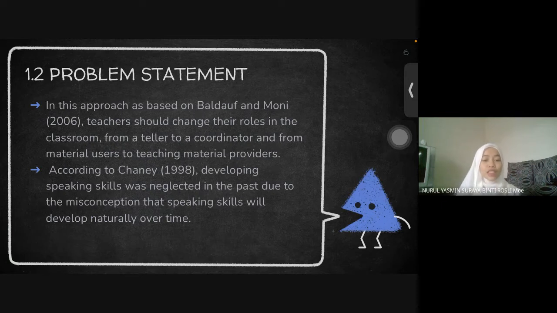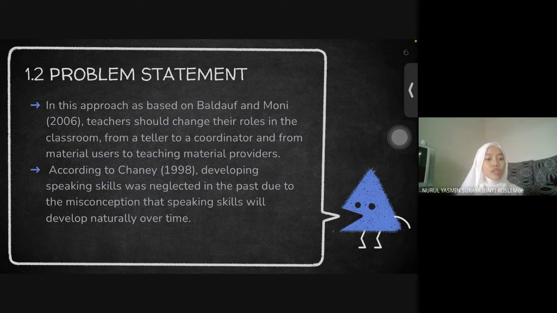This is actually to suit the 21st century skills learning that has been put forth by our Ministry of Education in Malaysia. And student-centered learning is actually beneficial to replace the teacher-centered learning approach, which is considered the traditional approach in teaching English in the classroom.